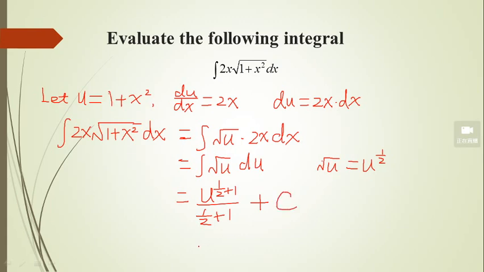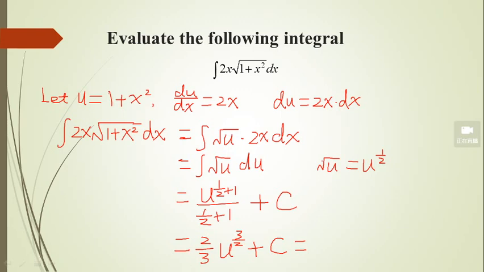So here we get 3 over 2 in the denominator, then we can flip the 2 to the top, and we get 2 over 3 u to the exponent 3 over 2 plus c.